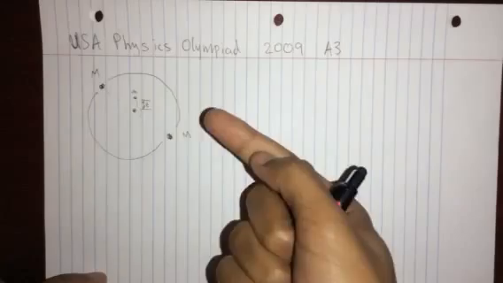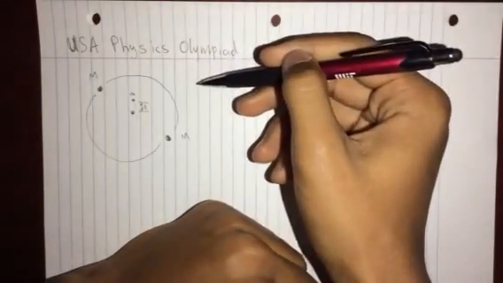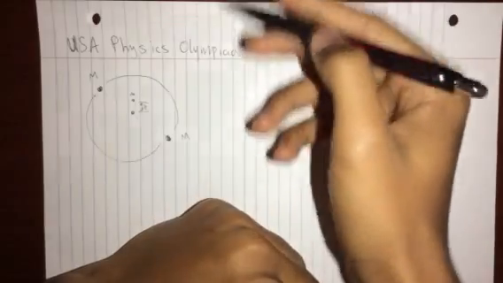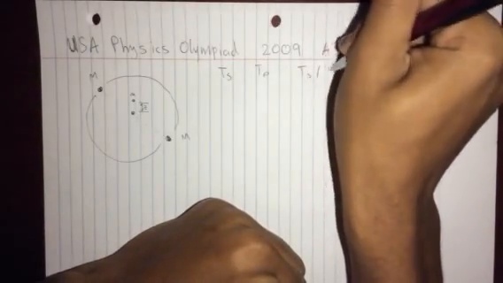Basically these masses are rotating around each other, going the same direction the whole time. And while they're rotating, this mass is oscillating up and down like that. If these masses rotate with a period of Ts, and this oscillates at a period of Tp, we want to find the ratio of Ts over Tp.